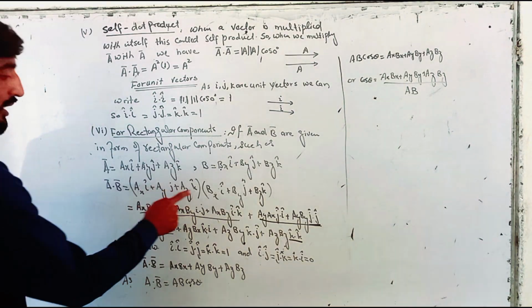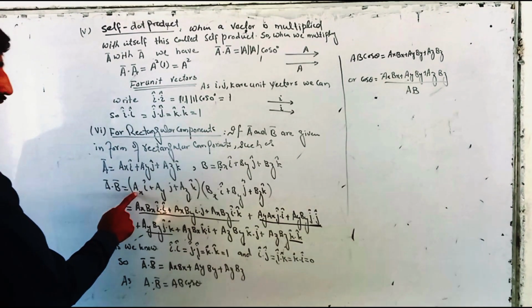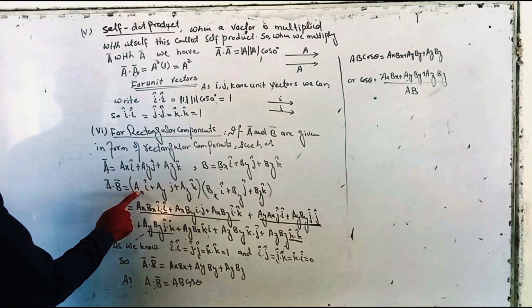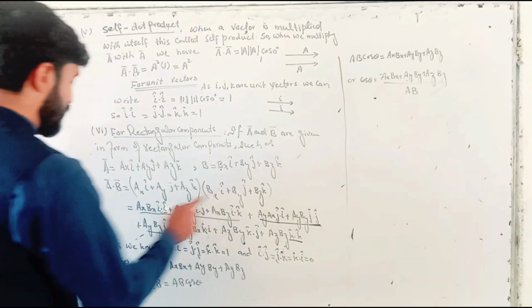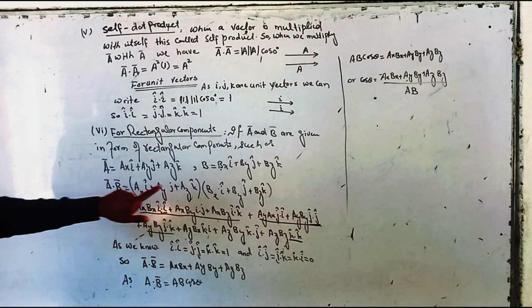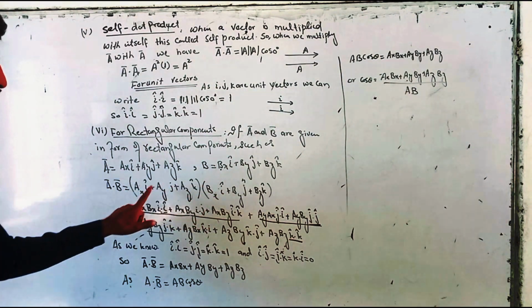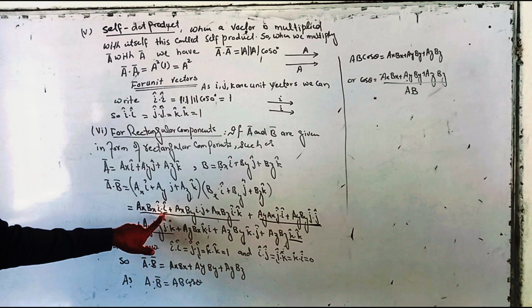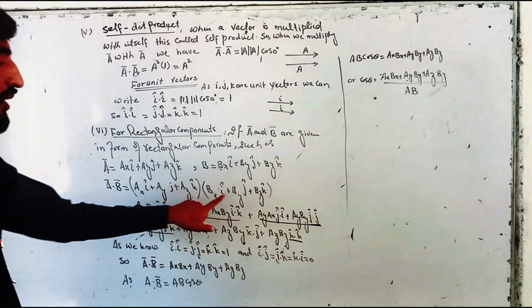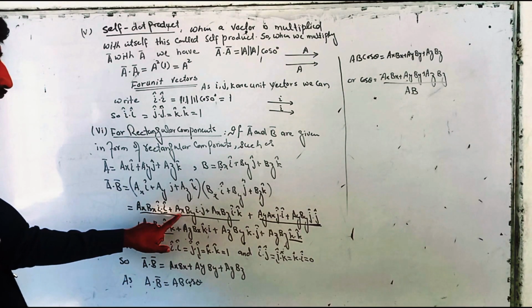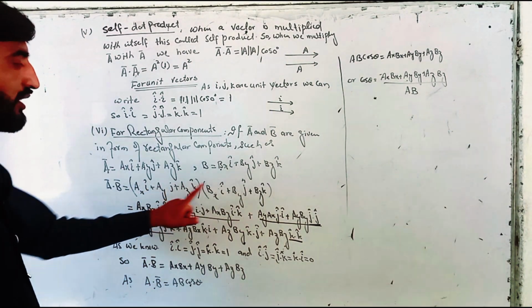I multiply x component with x component, x component with y component, and I will multiply this Ax component with Bz component. So when I multiply Ax with Bx, their unit vectors are also being multiplied with each other: Ax Bx, i dot i. When I multiply Ax with By, I get Ax By, i dot j.